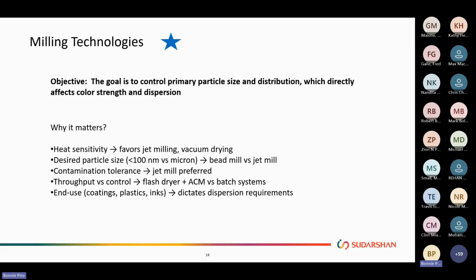So each of these has to be matched towards that particular product. And then, as I mentioned at the very beginning, the actual end use. Is it going to go for coatings, plastics, or inks? That all will dictate the specifics of how much dispersion would be required. So that helps us choose the milling technology.